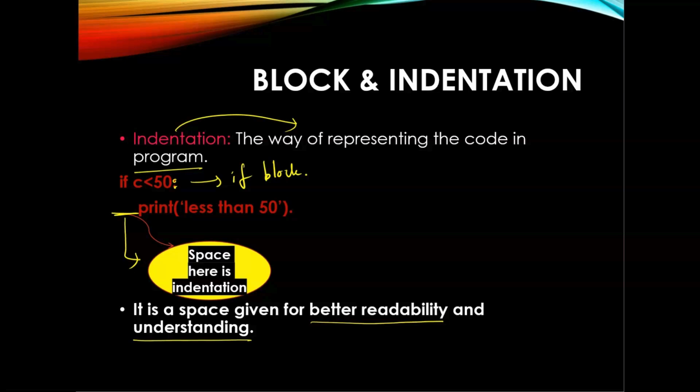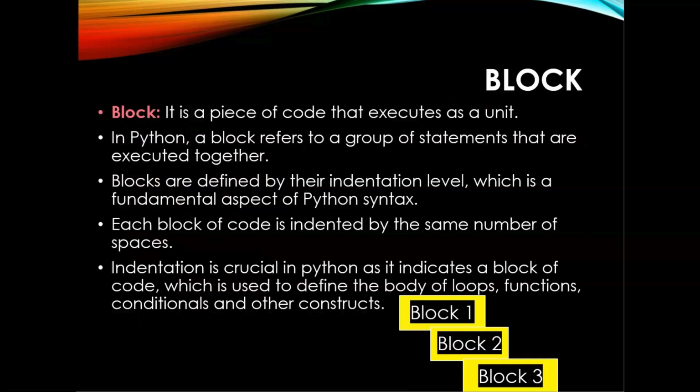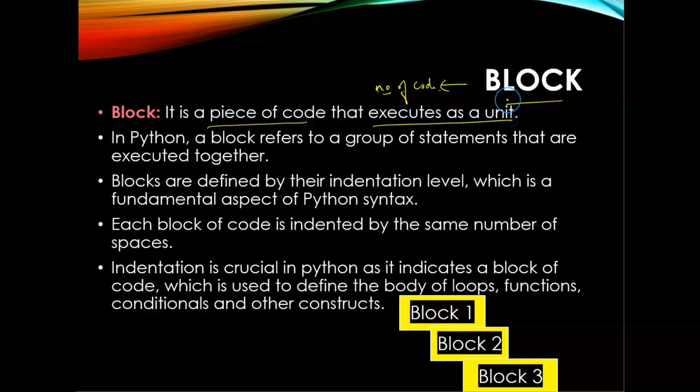If you are not following the indentation rule in Python, then what happens? It leads to an error. The Python interpreter will not execute your program. So the indentation is very important. The next one is a block. A block is nothing but a number of statements, or you can say a number of lines of code inside your program. A block is a piece of code that executes as a unit.